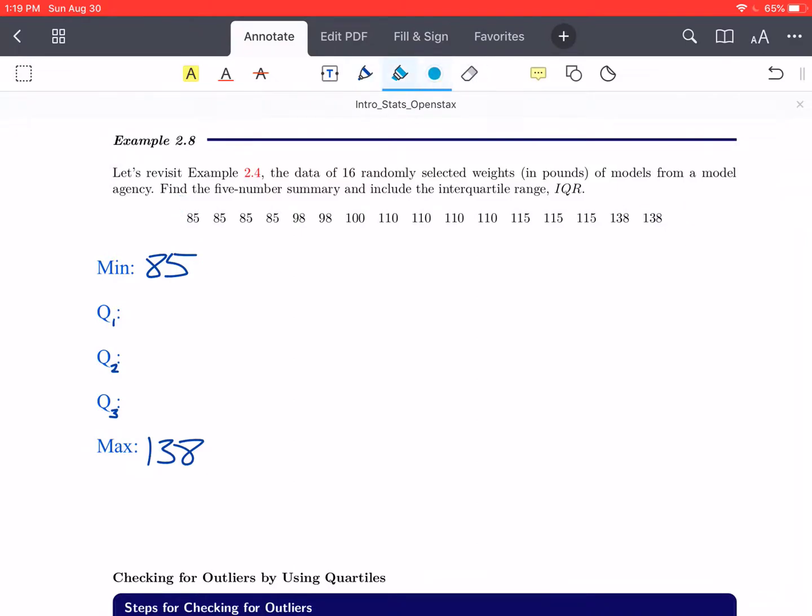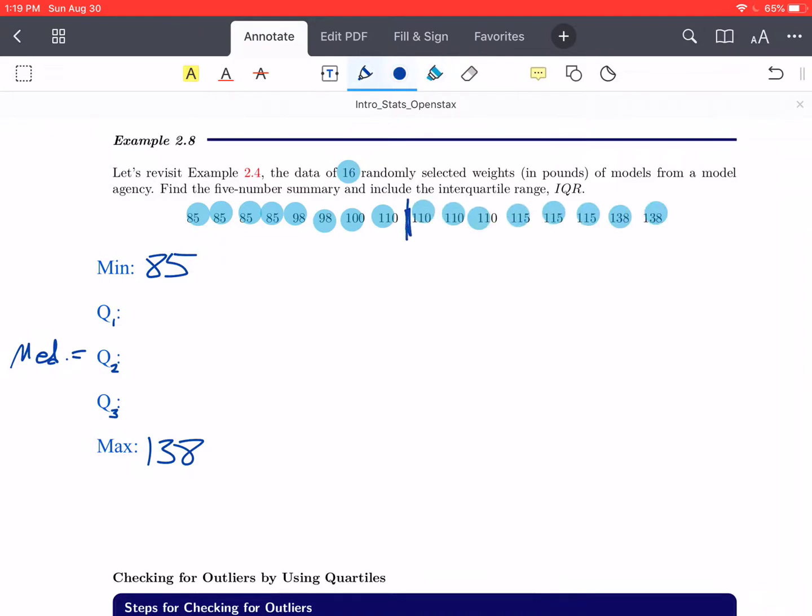Now to find Q2, which is also the median, we need to start working our way towards the middle. We have 16 data points here, so I'm going to cut that in half, so that's 8 on each side. So we're going to go 1, 2, 3, 4, 5, 6, 7, 8, and 1, 2, 3, 4, 5, 6, 7, 8.